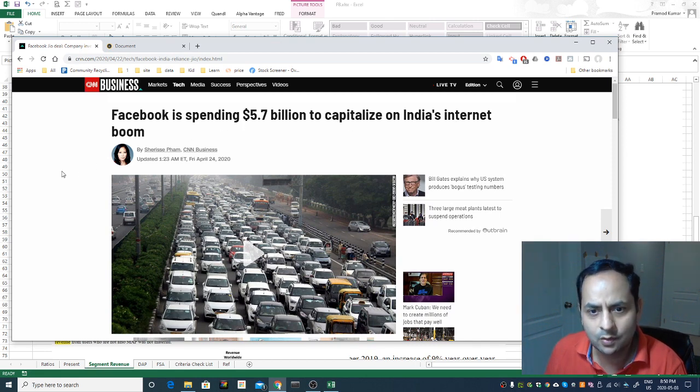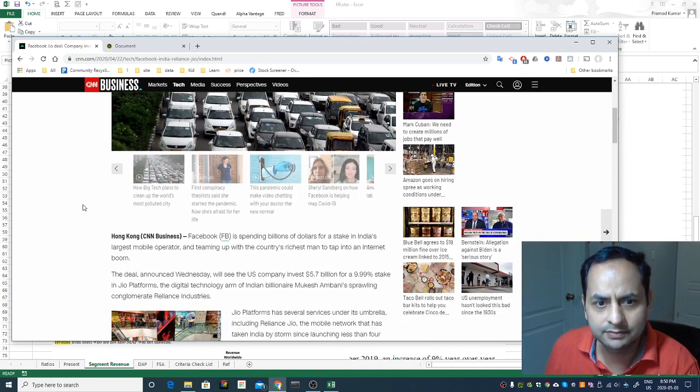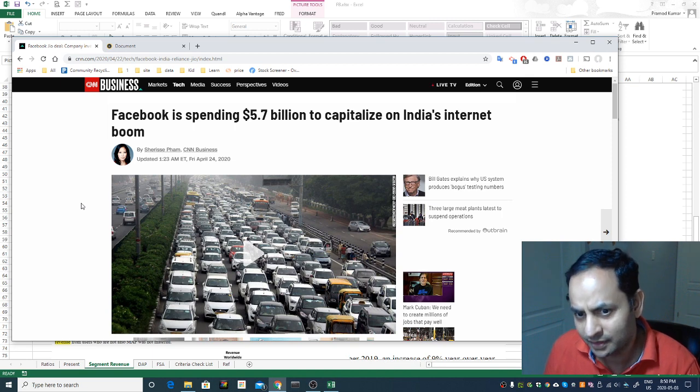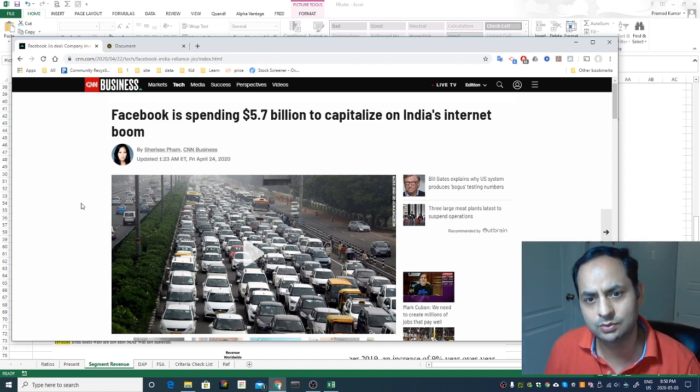In my opinion, this is quite a good deal, because Reliance is a huge giant. They are in every sector, and they are transforming digital India using their Reliance Jio platform. And the Indian market is huge. Most people there have 2 or 3 cell phones.